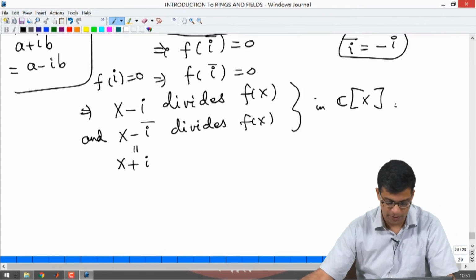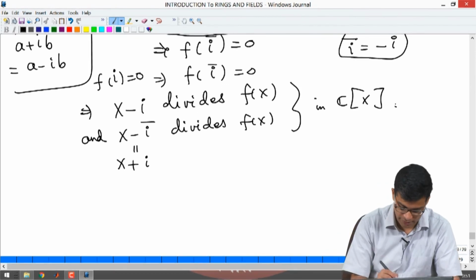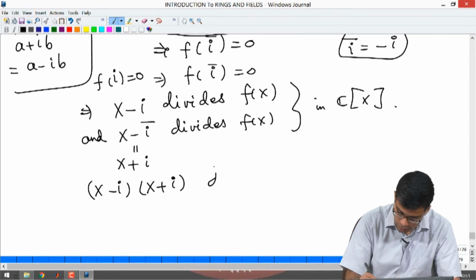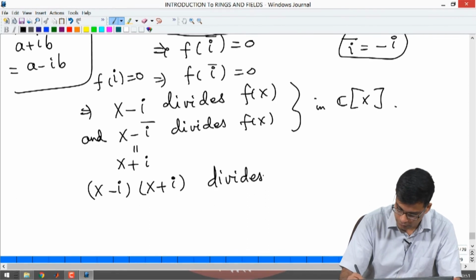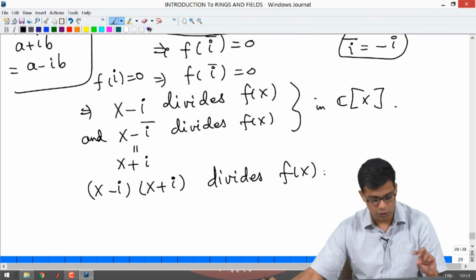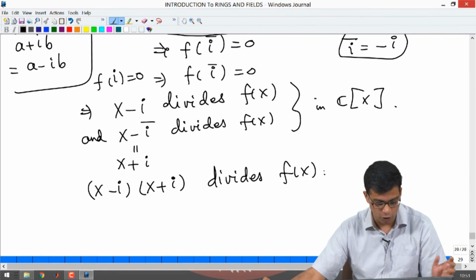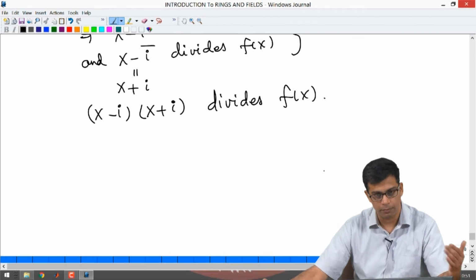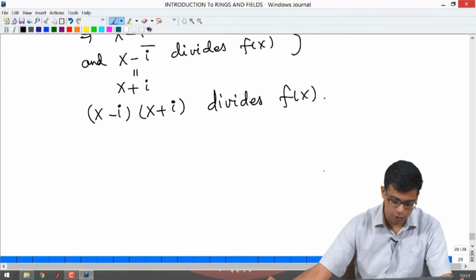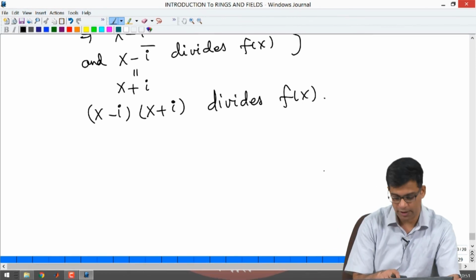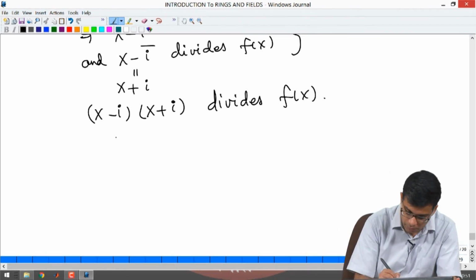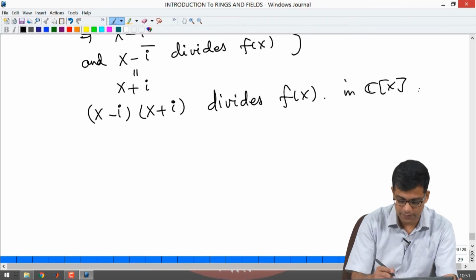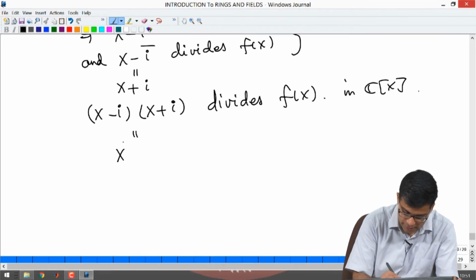Inside C x, x minus I and x plus I divide f x, but that means x minus I times x plus I divides f x. Because x minus I and x plus I have no factors in common, a point that I will mention again when we talk about unique factorization domains. X minus I times x plus I divides f x in C x, but x minus I times x plus I is actually equal to x squared plus 1.